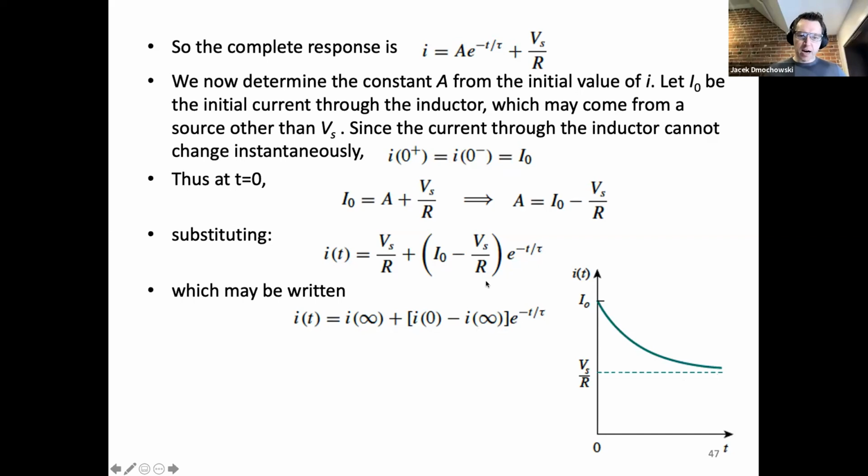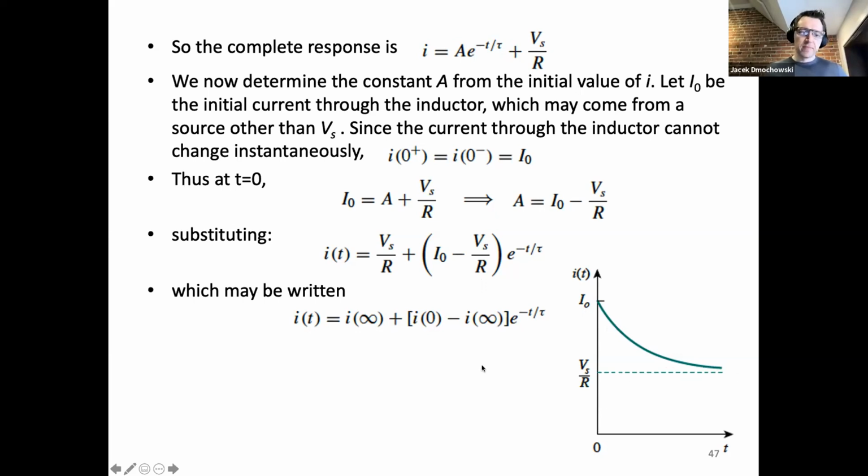We know that it has to eventually converge to a value of Vs over R. So over time, it will slowly but surely decay or converge to a terminal value of Vs over R. So I infinity is Vs over R. This is the case where the inductor has some initial current flowing through it. Sometimes I naught will be 0, in which case this curve will be kind of inverted. It will start out at 0 and climb to Vs over R.